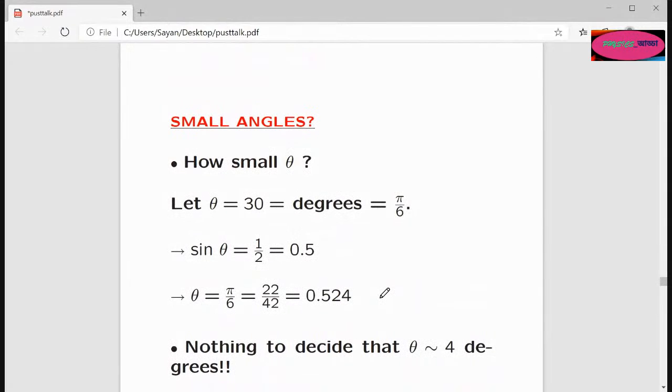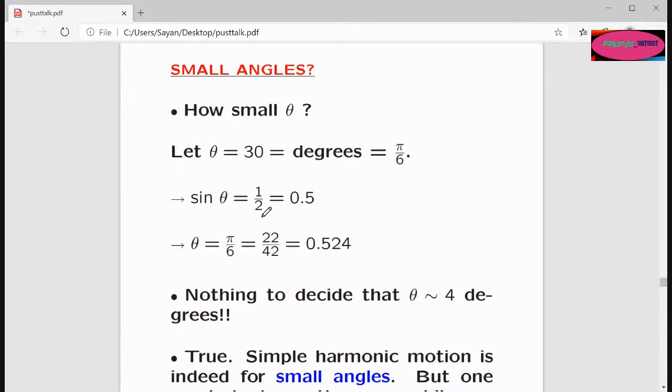So sine theta is approximately equal to theta even when theta is 30 degrees. You're familiar with statements in books where theta has to be 4 degrees or less, but now I have shown you that for theta equal to 30 degrees also, sine theta is approximately theta. So what is going on?